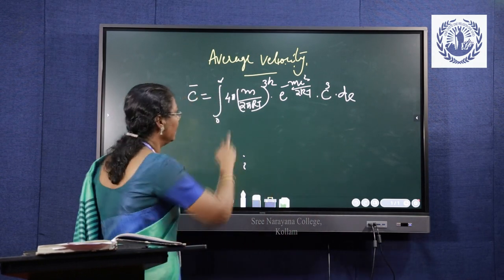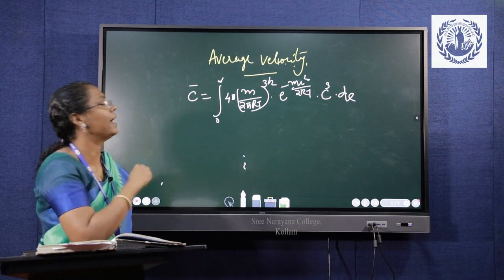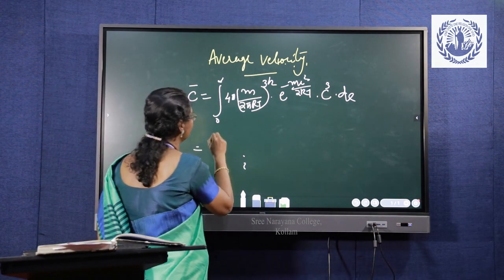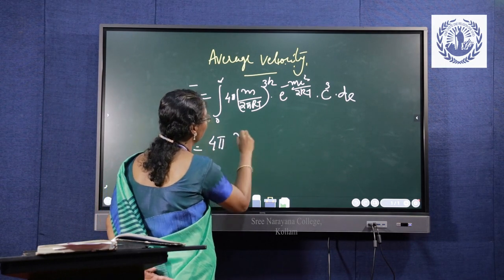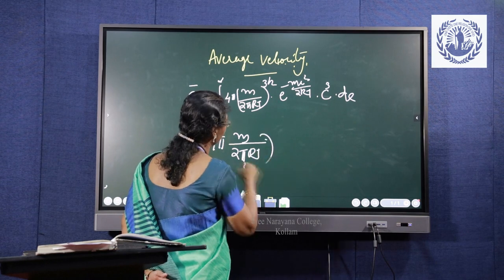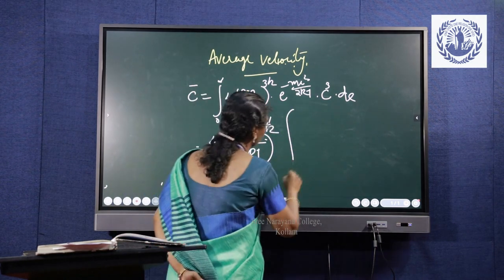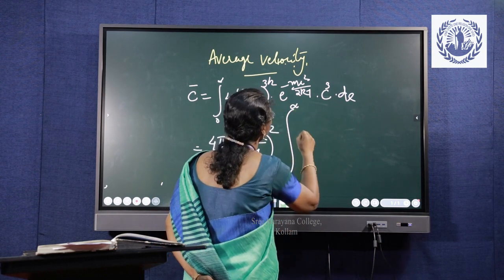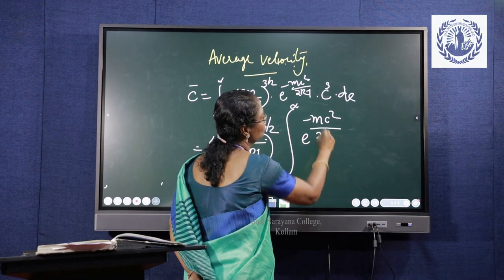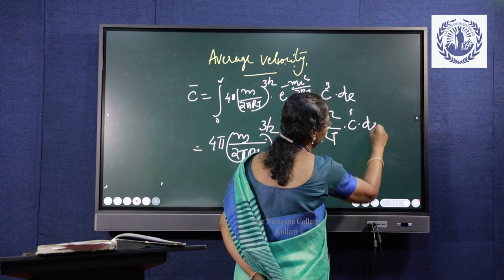The term 4 pi into (m by 2 pi RT) raised to 3 by 2 is a constant, so we can take it out. That is 4 pi into (m by 2 pi RT) the whole raised to 3 by 2 times the integral from 0 to infinity of e raised to minus mc square by 2 RT into c cube dc.